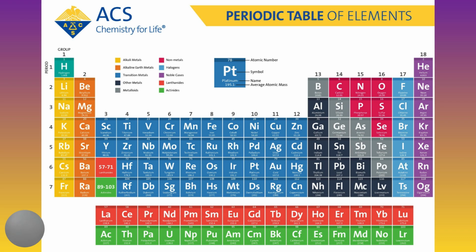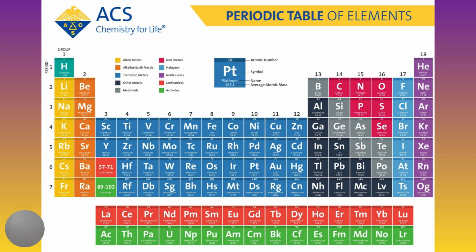We have the alkali metals, alkaline earth metals, transition metals, other metals, metalloids, nonmetals, halogens, noble gases, lanthanides, and actinides. Now, class, why do we need to review this periodic table? Because we are going to talk about some terms from the periodic table.